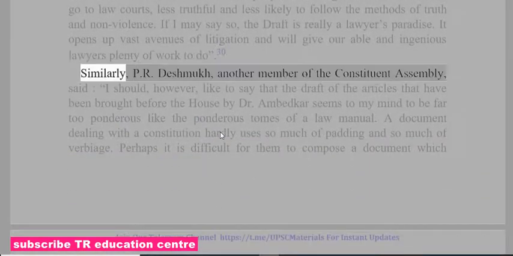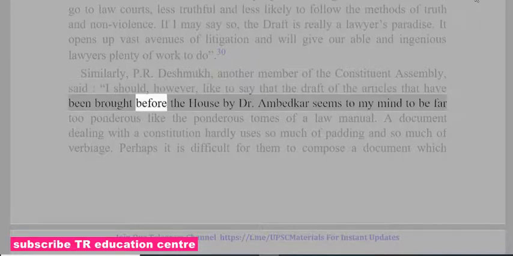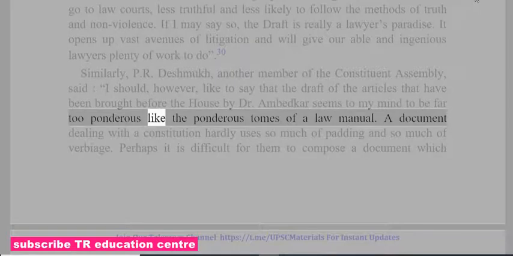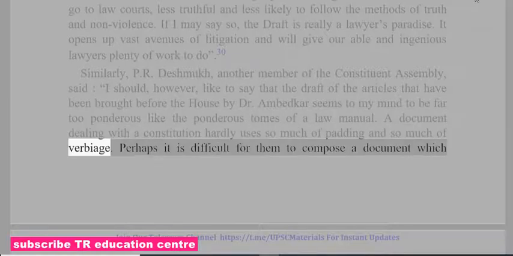Similarly, P.R. Deshmukh, another member of the Constituent Assembly, said, I should, however, like to say that the draft of the articles that have been brought before the House by Dr. Ambedkar seems to my mind to be far too ponderous, like the ponderous tomes of a law manual. A document dealing with the Constitution hardly uses so much of padding and so much of verbiage.